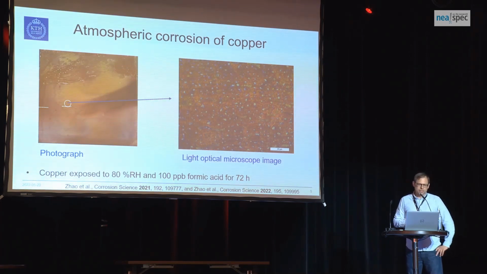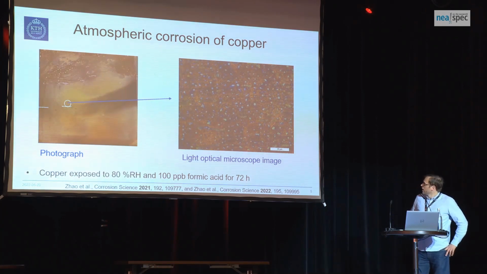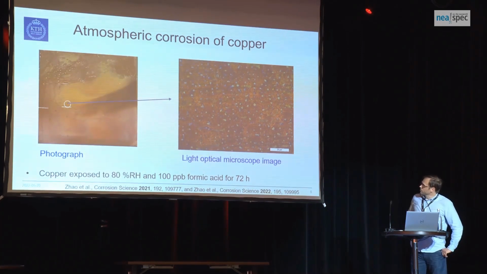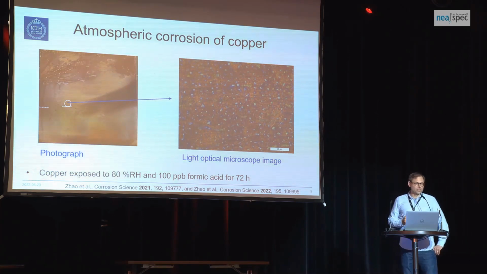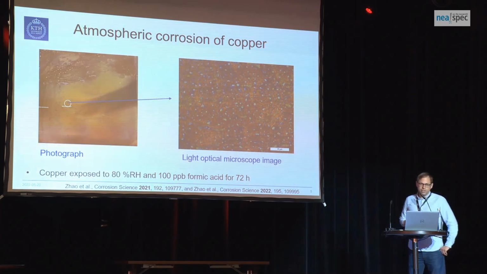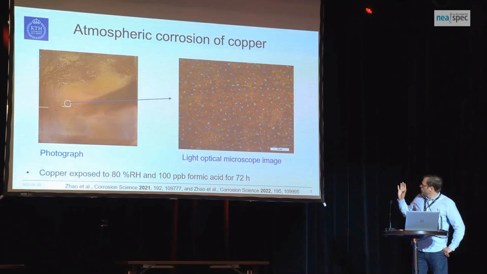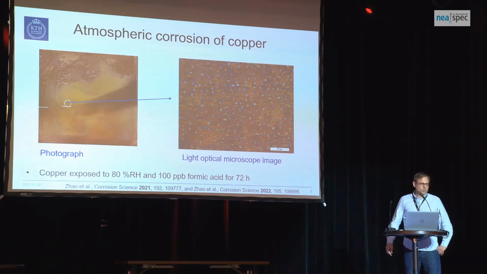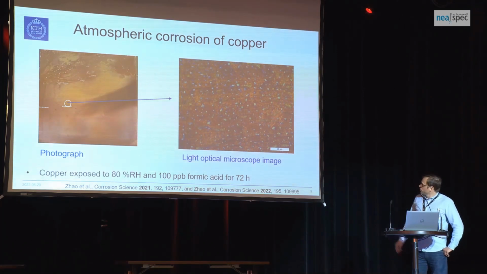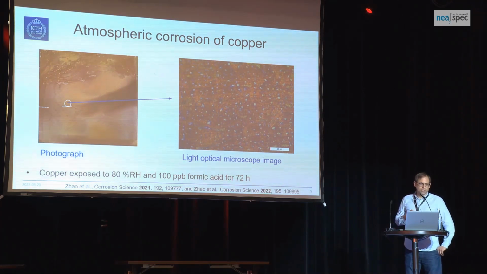Then we want to go a bit further down, to a smaller scale. This is a photograph of this copper surface, and you can see the small circle there that is magnified to the right here. This is a light optical microscope image. When we look at this smaller scale, where the scale bar is 20 micrometers, you can clearly see that the corrosion is quite inhomogeneous.